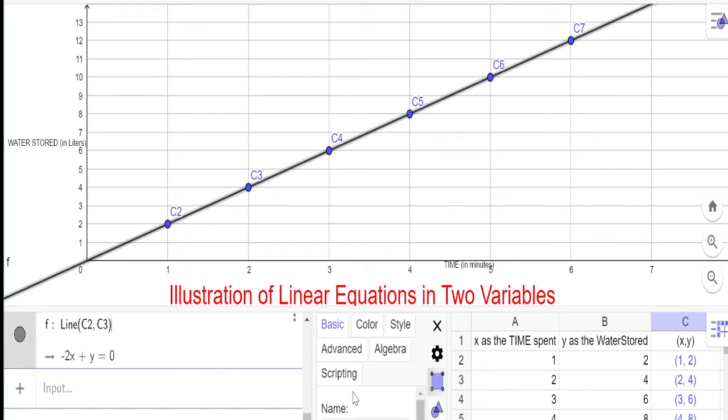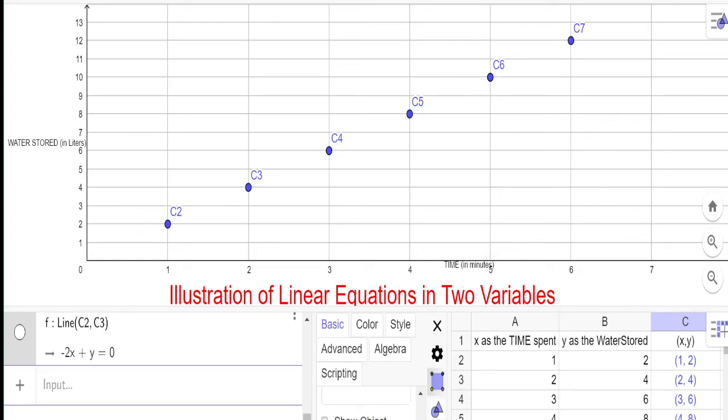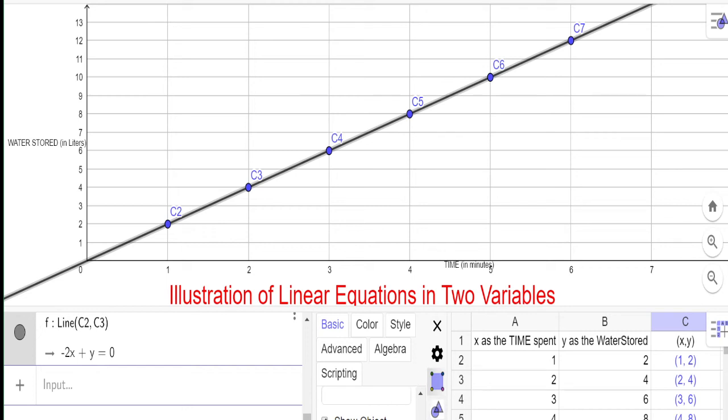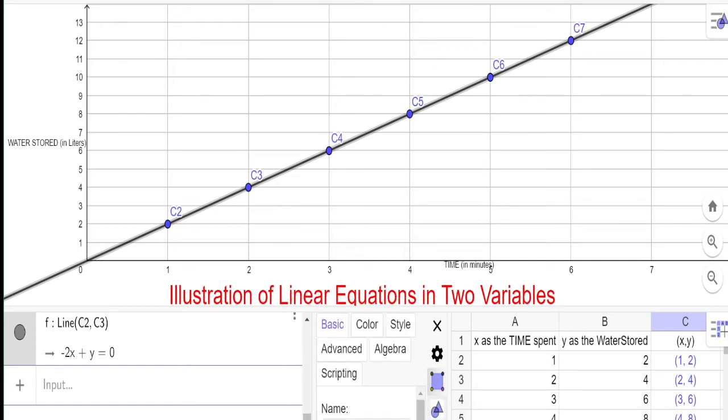So, kung titingnan natin, teka muna, hindi ko muna kita yung label. Okay, ito na. So, kung titingnan natin, if I am going to check this one.